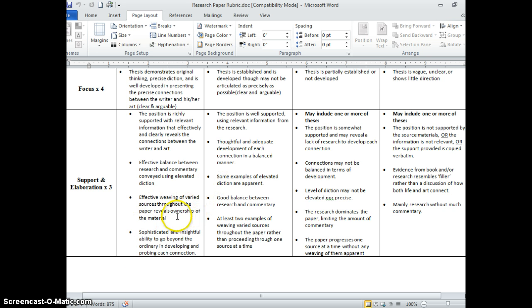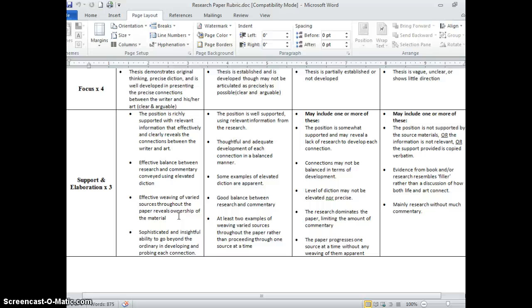If you were going for an A or even a B for that matter, on this particular part, effective weaving of varied sources throughout the paper. So the idea here is that after the first connection's over, that resource may be mentioned again later on in the paper.